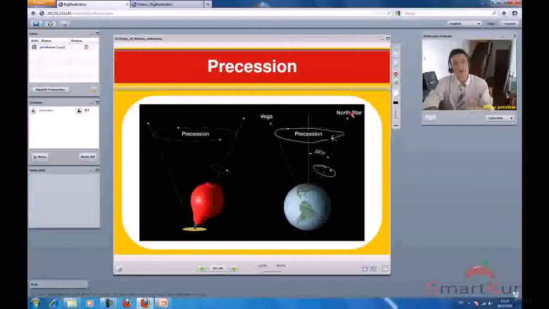I don't know if you've ever seen a time-lapse photograph of the night sky. You can see pictures. You can do a Google image search on time-lapse night sky or time-lapse stars.